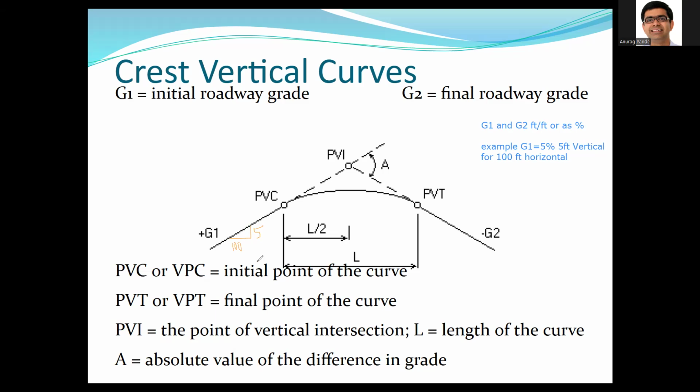That makes sense, right? And same thing, this might be negative 3% or whatever. That would mean you go down 3 feet vertical for every 100 feet of horizontal distance. So you can measure the grade as feet per feet, which will be 0.05, or as a percentage, 5%. Then we define another criteria, capital A, and capital A is the change in grade.